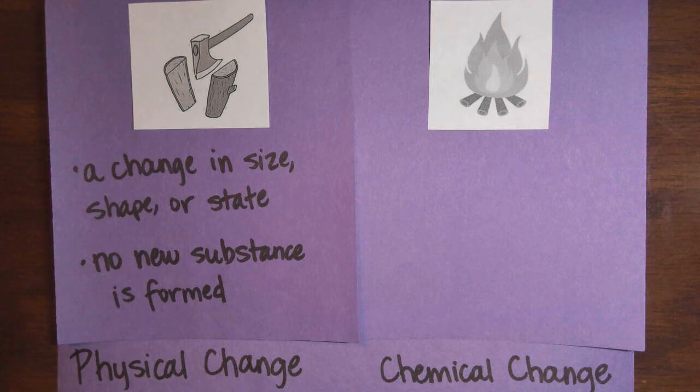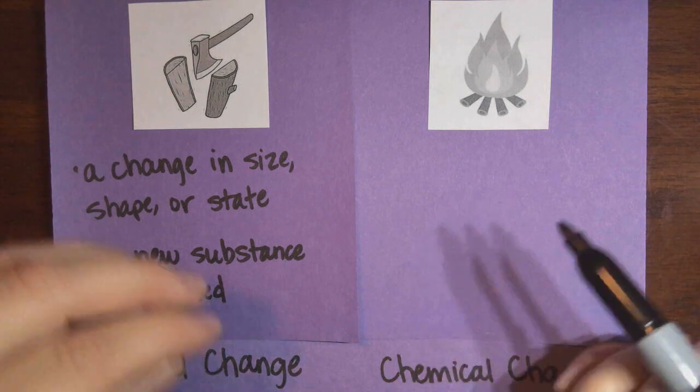There's no way that we can say, never mind, I didn't really want to do that, and back it up and get the firewood back. Once a chemical change has occurred, we have a brand new substance and there's really no turning back. Okay, so we're going to write that here at the top.